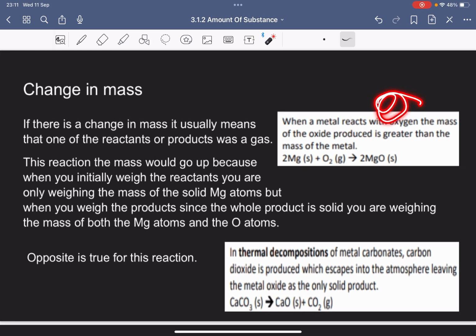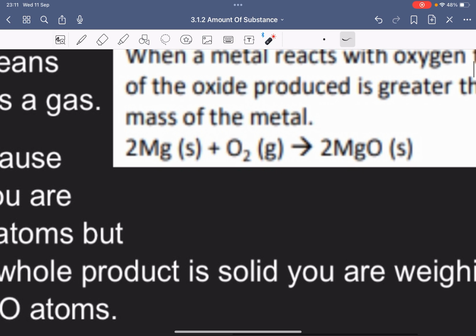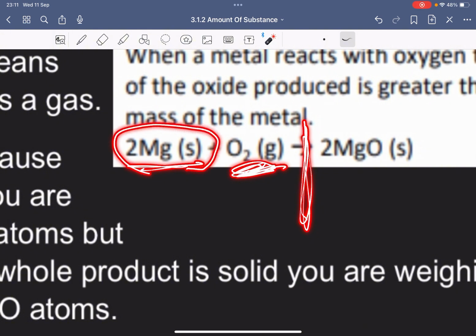So in this reaction that we have up here, the mass would go up because when you initially weigh the reactants, you're only weighing the mass of the solid Mg atoms, but when you weigh the products, since the whole product is a solid, you're weighing the mass of both the Mg atoms and the O atoms. So basically, here, initially, when you have the reactants, you're only weighing the solid because you can't weigh gas.